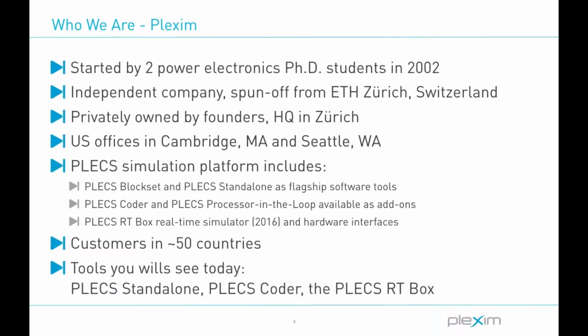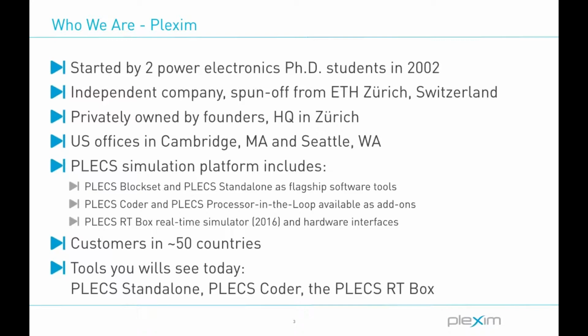For those of you unfamiliar with Plexim, here's a quick introduction to who we are. We are a Swiss company with the headquarters in Zurich and 2 offices in the US, Cambridge, Massachusetts, and Seattle, Washington. Our flagship product is a system-level simulation tool called PLECS, which yields robust and fast results and is widely adopted in industry and academia worldwide.